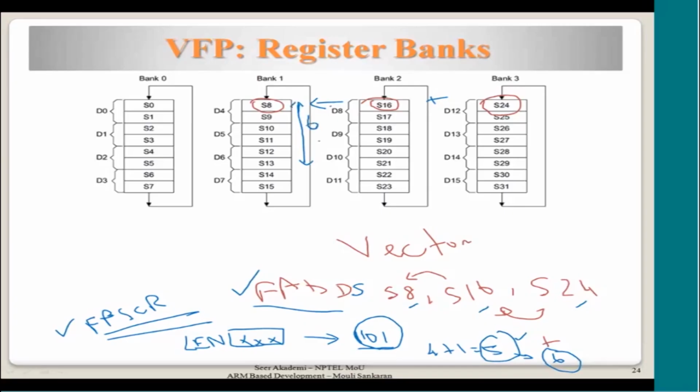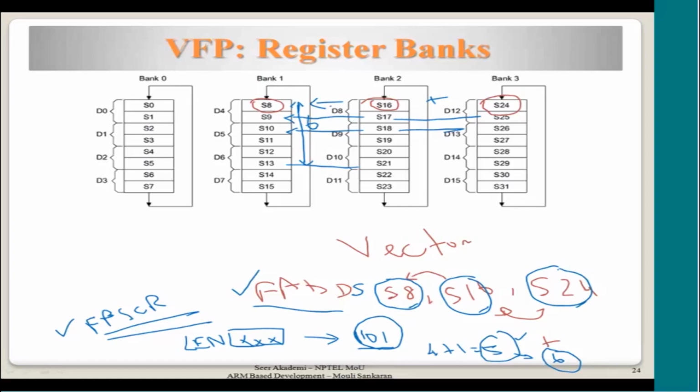What does it mean? You add these two elements and write into this, then add these two elements and write into this, and it goes on up to this. So the starting point is considered to be these registers.